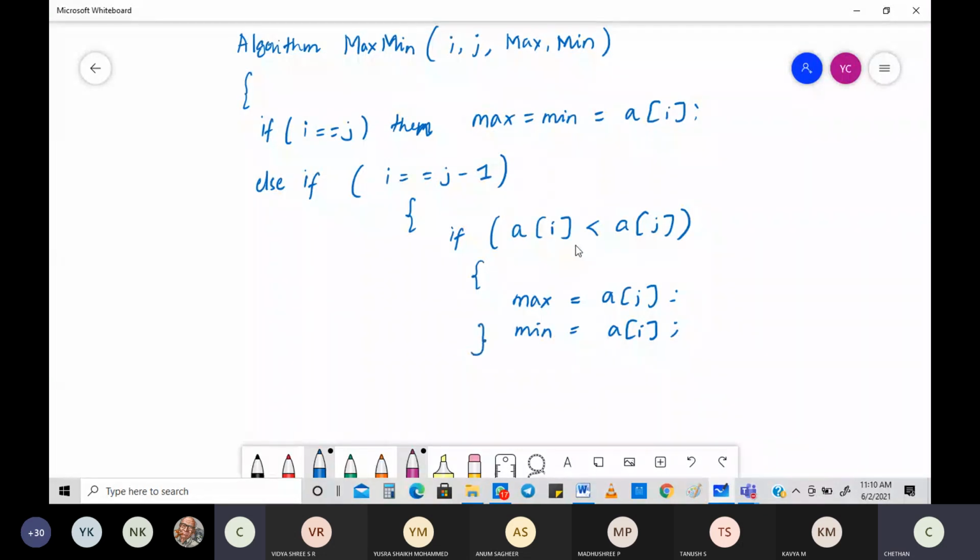When do you think that will be? When a of I itself is greater. Then this condition will not work, so you have to write for the next condition. You write it in the else part: the maximum element is a of I, and the minimum element is a of j.